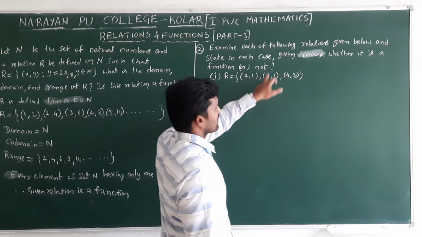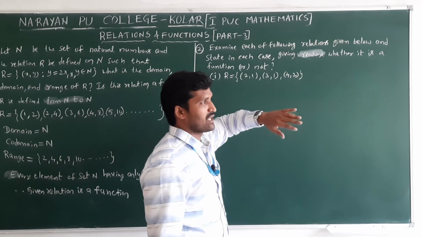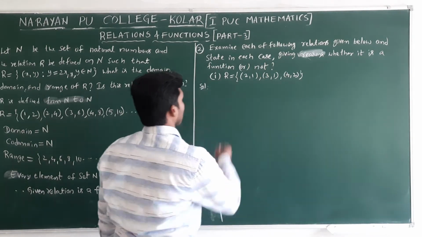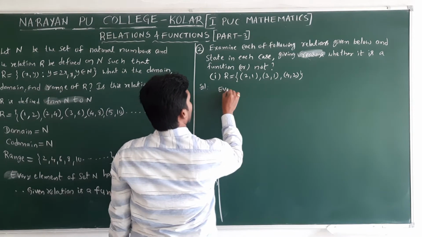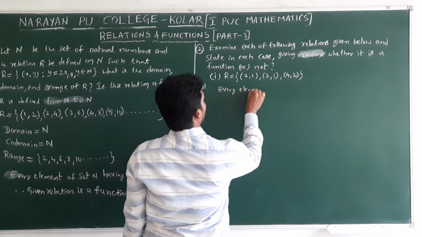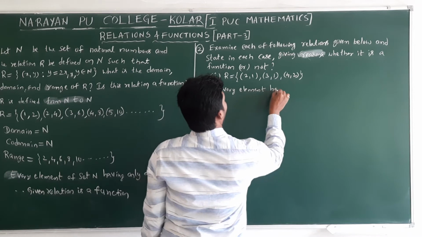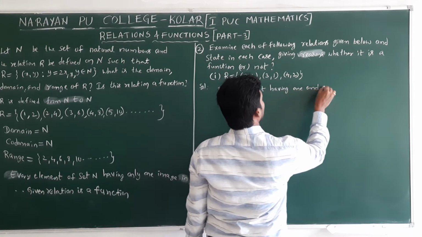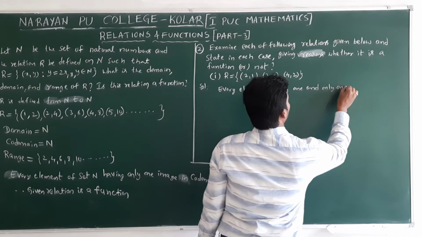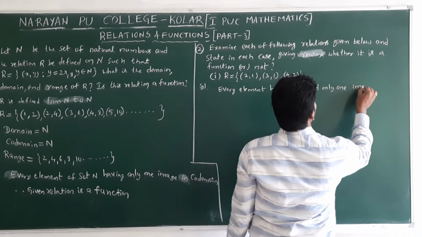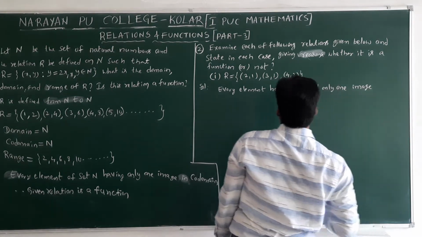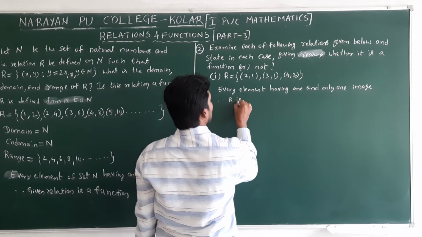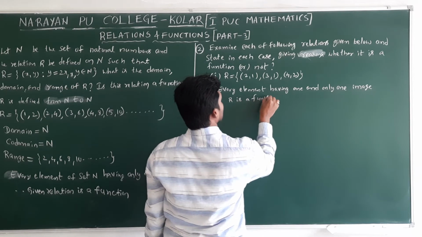For example, if they give (3,2) like that, that is wrong, because one element should not have two images in the function concept. That's why every element has one and only one image. Therefore, R is a function.